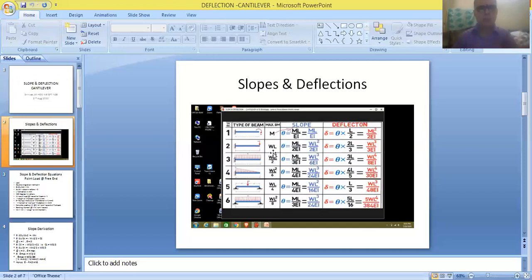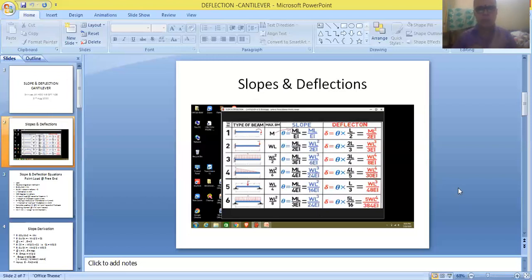So the maximum values of bending moment are also given in this table, and the third column indicates the slope values for different beams under different conditions. The last column indicates deflection formulae or deflection equations for different beams under different conditions.